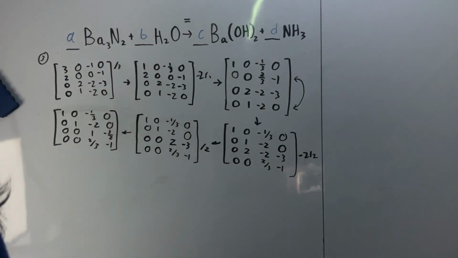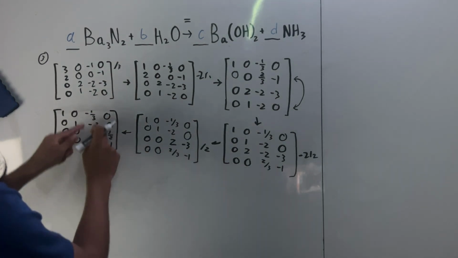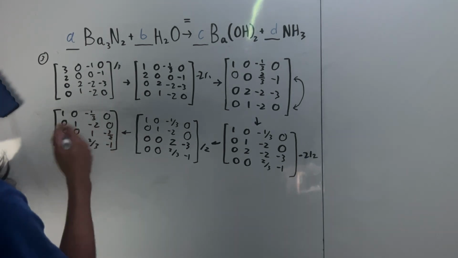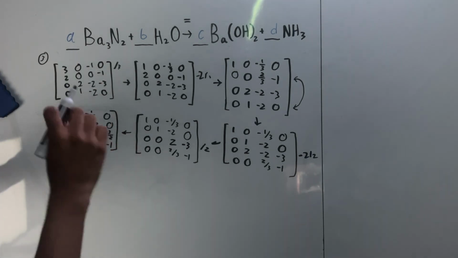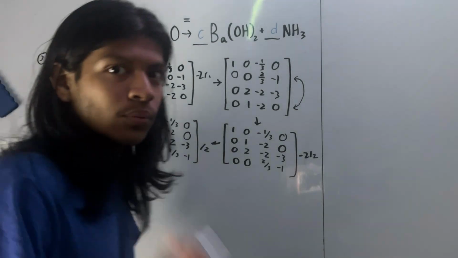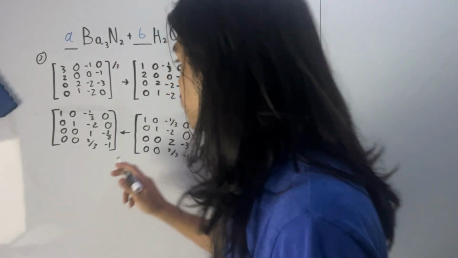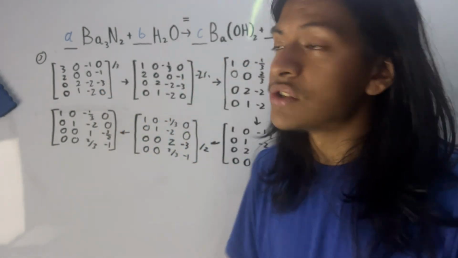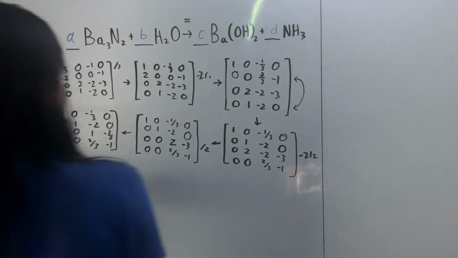Okay. And now we want this 1 to be the only value in its column. So we're going to change all these rows. We're going to be doing a bunch of operations here.